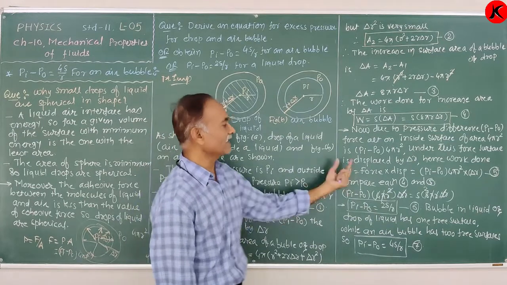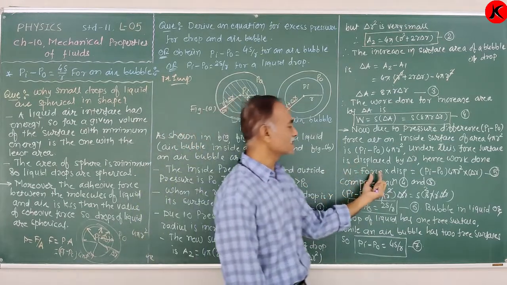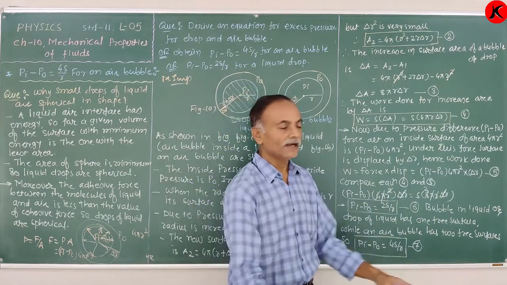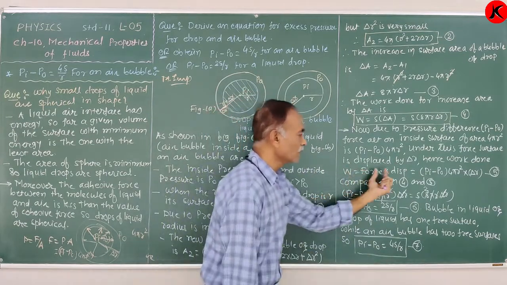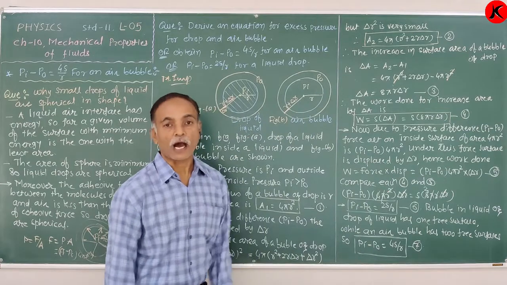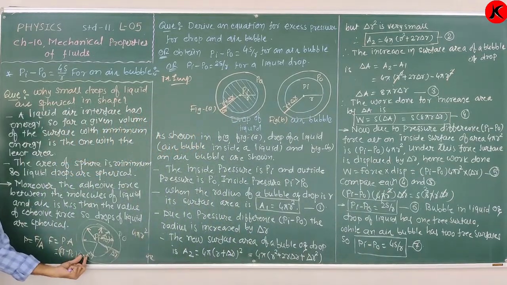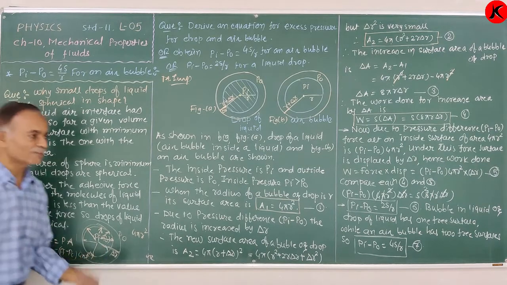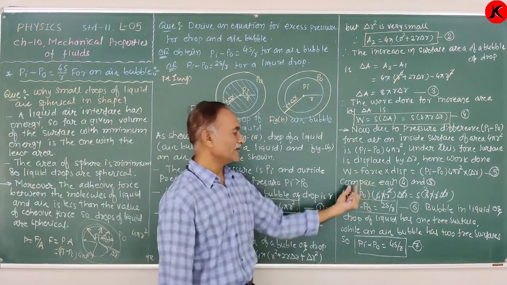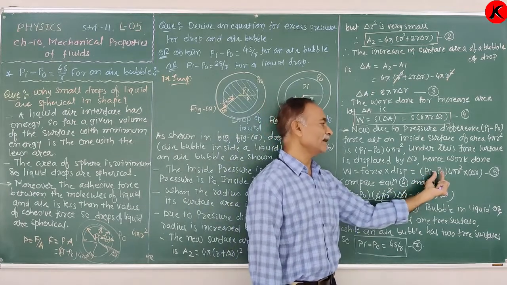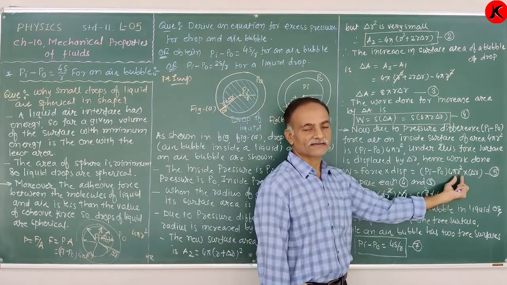Hence, the work done W is equal to force into displacement. How much force acts? Pressure difference into area. Area is 4 pi r square and pressure difference is Pi minus Po. Therefore, Pi minus Po into 4 pi r square.